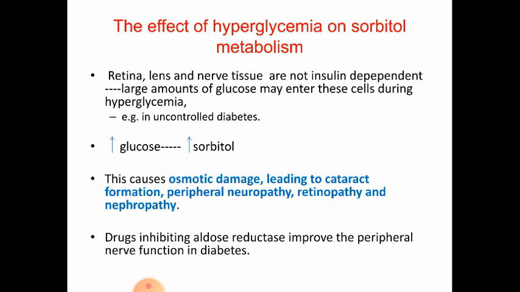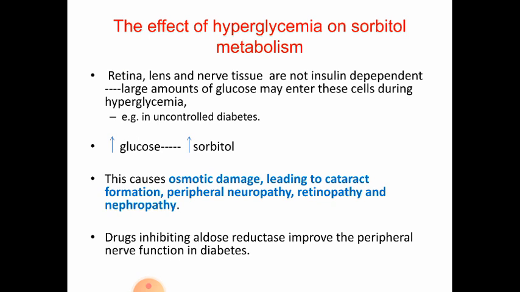So, there is increased glucose, and this glucose is getting converted to sorbitol, and this sorbitol, with the help of sorbitol dehydrogenase, is getting converted back to fructose. So, increased glucose means increased sorbitol.